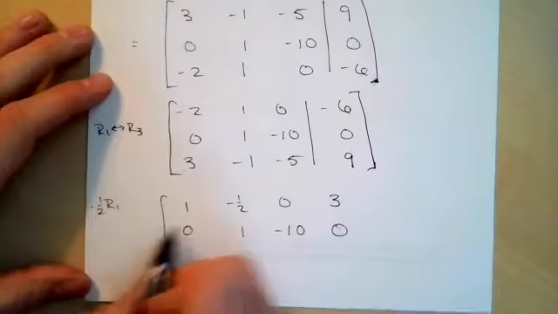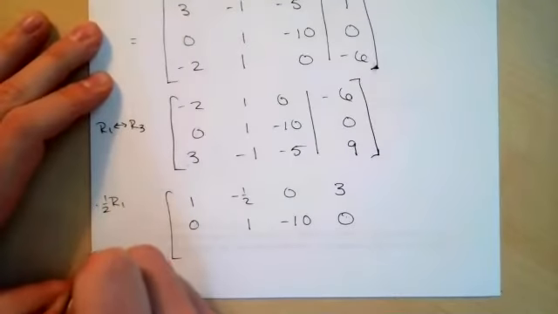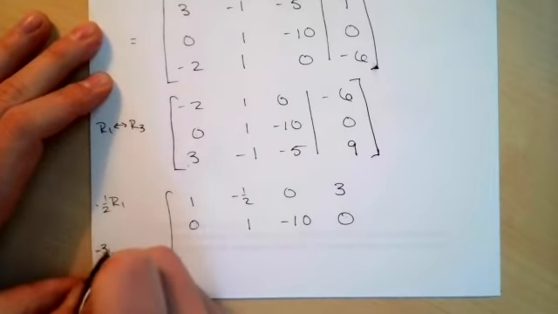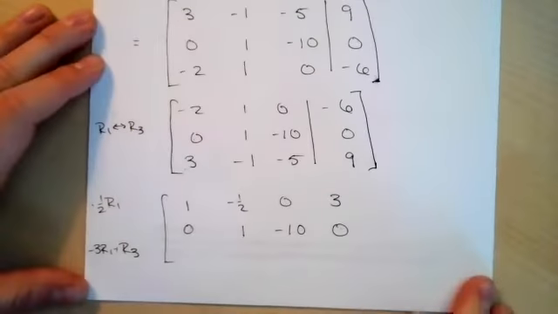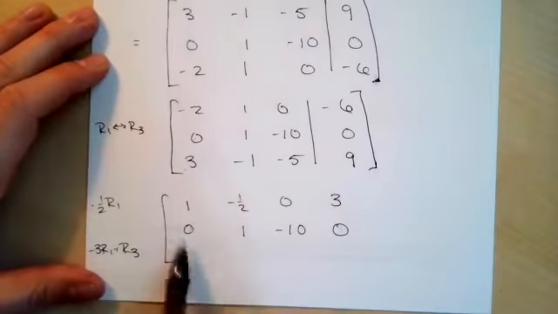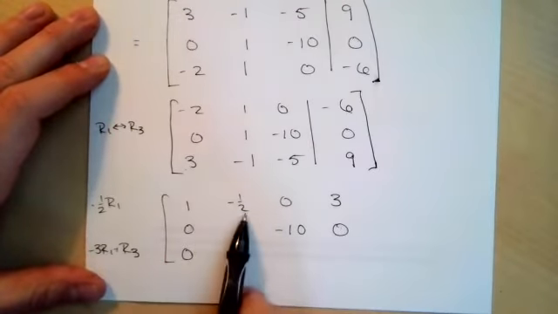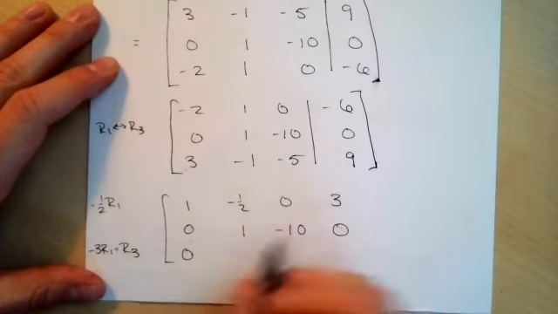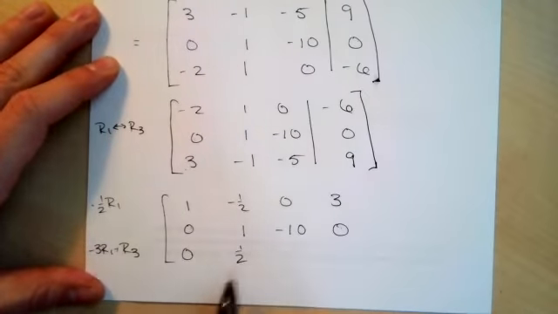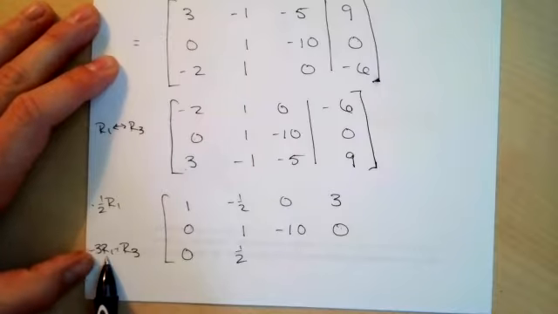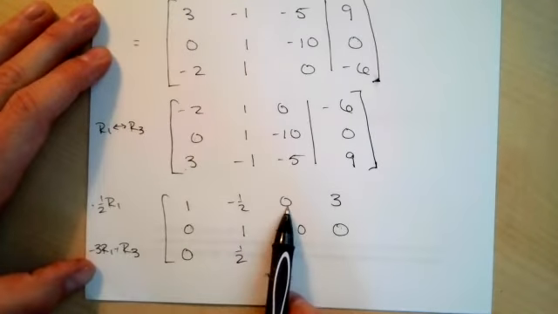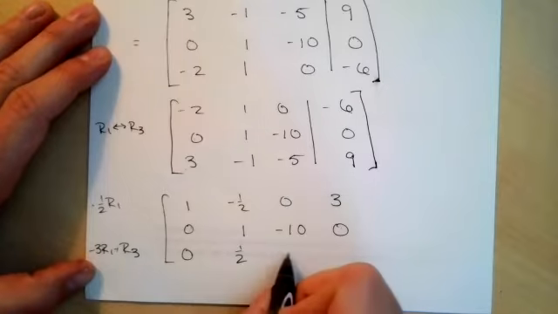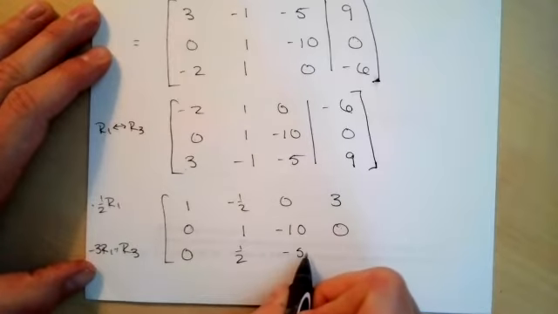And now let's do that row, minus 3 times row 1 plus row 3. That'll give us a 0 here. We're going to have positive 3/2 minus 1, which gives us 1/2. We'll still have a minus 5 here.